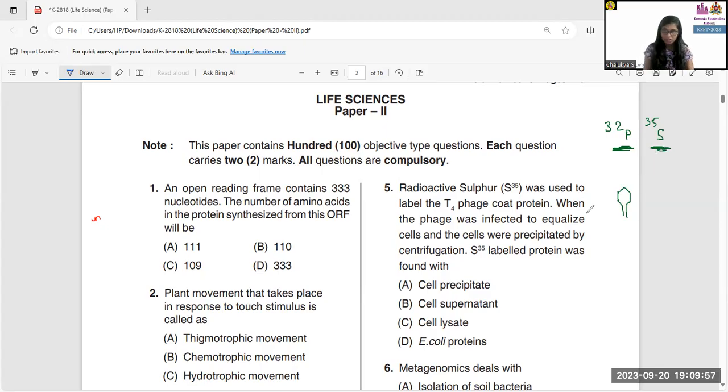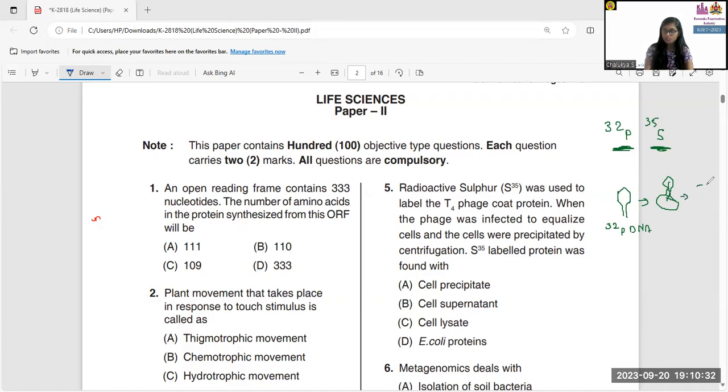So here they took the bacteriophage, Hershey and Chase. First, they took the phosphorus 32 labeled DNA phage and infected the cell with it. The DNA enters inside the cell.